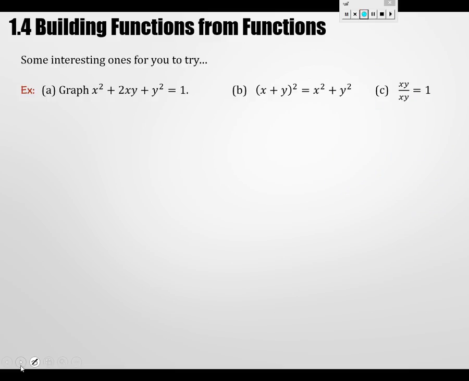So let's try on some of these. See if you can figure out what these look like. You can try if you think that would help. If one of them stymies you, try one of the other ones, right? Think about what set of points. Just start plugging things in, right?